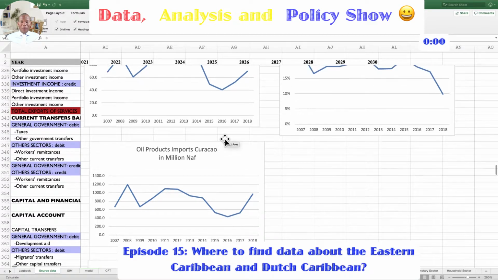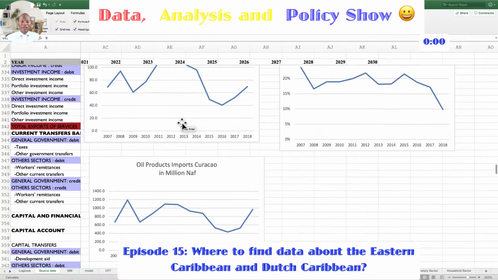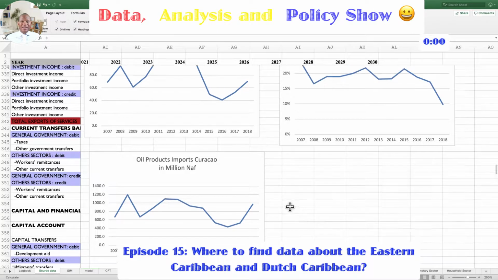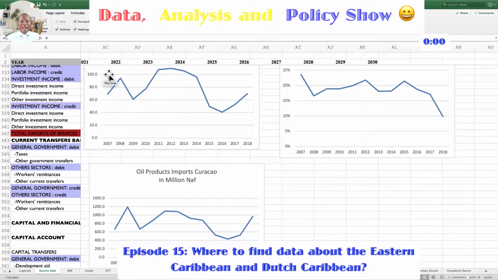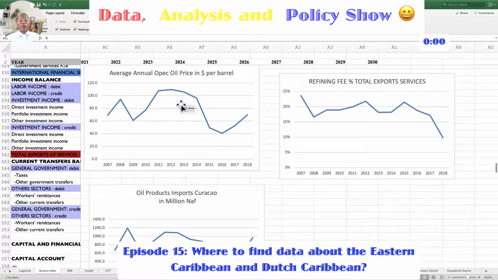And look at this, the oil price. So now we turn into analysis. What does this mean? The oil imports have the same structure and the same figure as the oil price. A lot of people on Curacao don't know this.